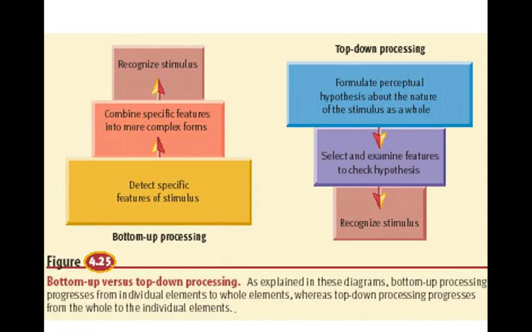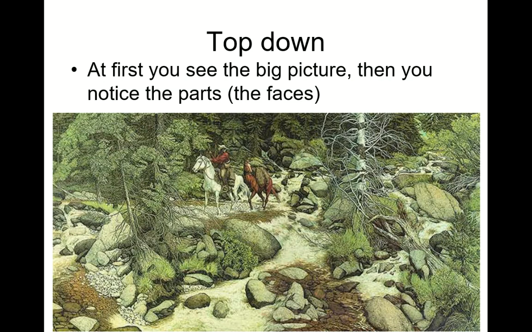I'll show you a lot of pictures of what I mean by top-down processing. Here's something that's a little bit academic, but I think I can explain it good enough. Okay, so here is an example. Top-down processing is when you start with the big picture and you see two horses, a cowboy just trotting along up in the woods.